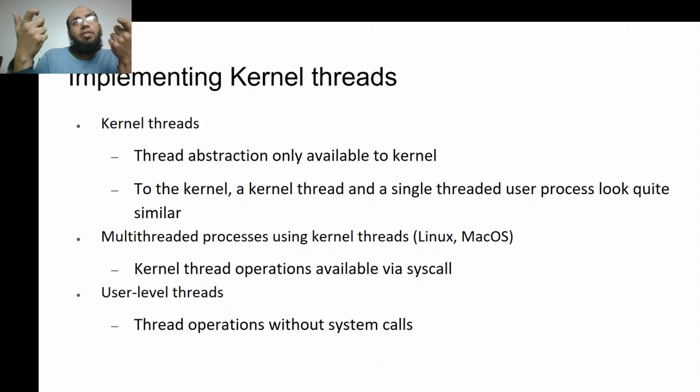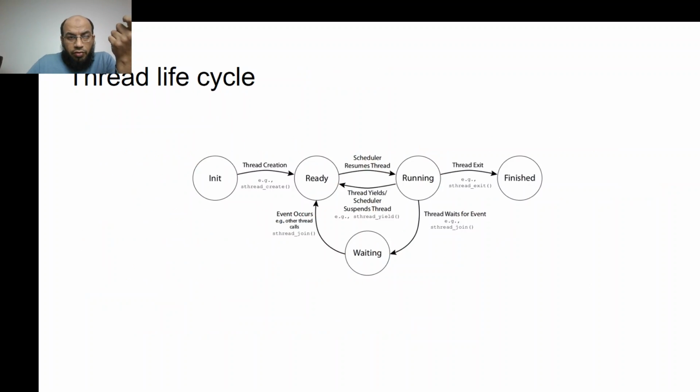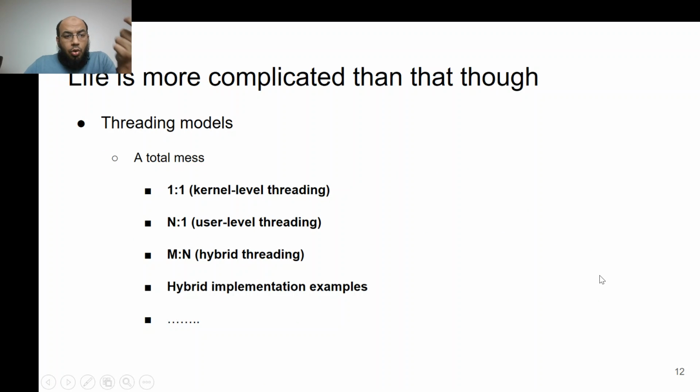So if you have a one-to-one mapping, then, if we go back to this slide, for each user level thread you will have a kernel level thread equivalent to it running in the kernel. If you have n-to-one user level threading, that means that an application will have multiple threads, but the kernel will create only one kernel thread for it.